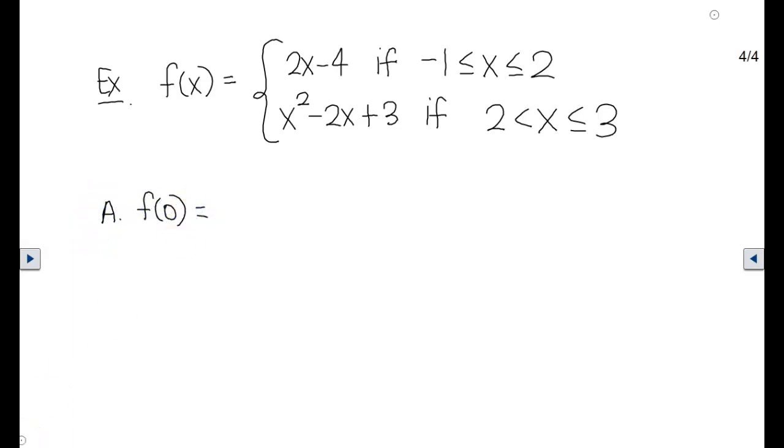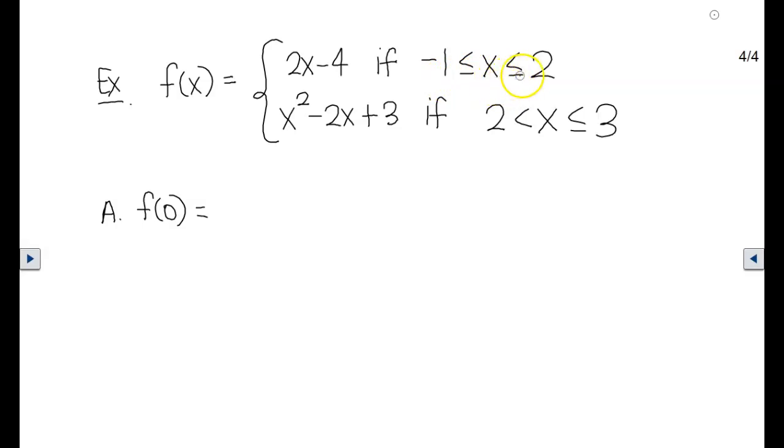First one we're going to do is f of 0. So 0 is my x. 0 is my domain number. So I need to figure out whether that 0 fits into rule 1 or into rule 2. So think about putting a 0 right where that x is. Is -1 less than or equal to 0? Absolutely.